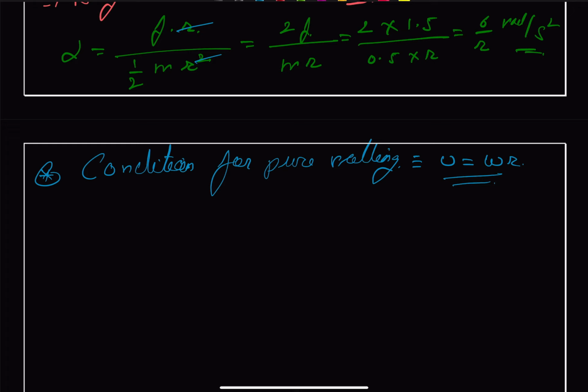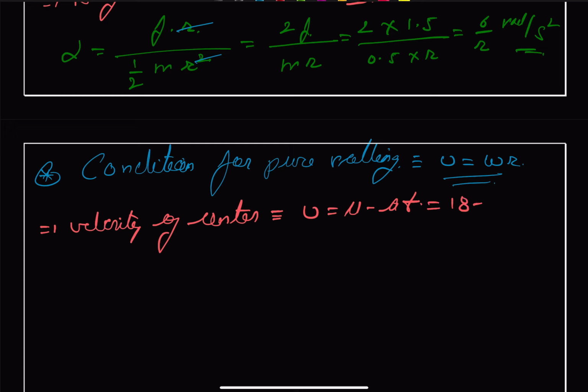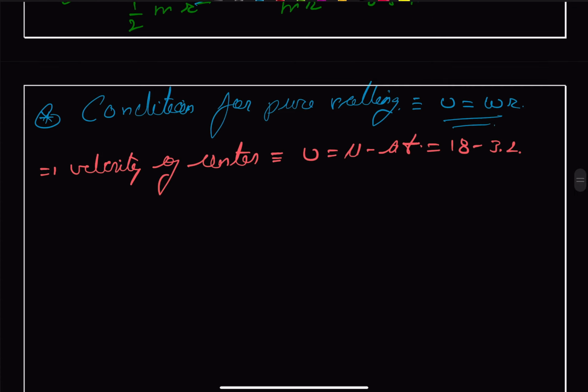So we can use the basic kinematic equation, velocity of center, V will be equal to U minus AT, and U is 18, A we found out is about 3, time is 2 seconds. Therefore we get that V is equal to 12 meter per second.